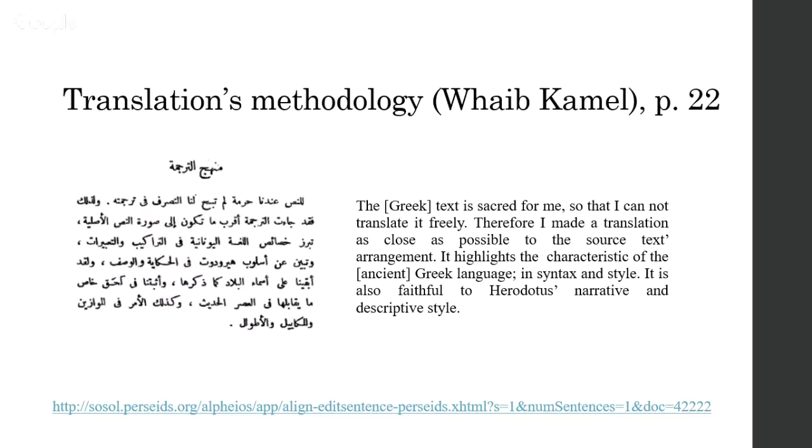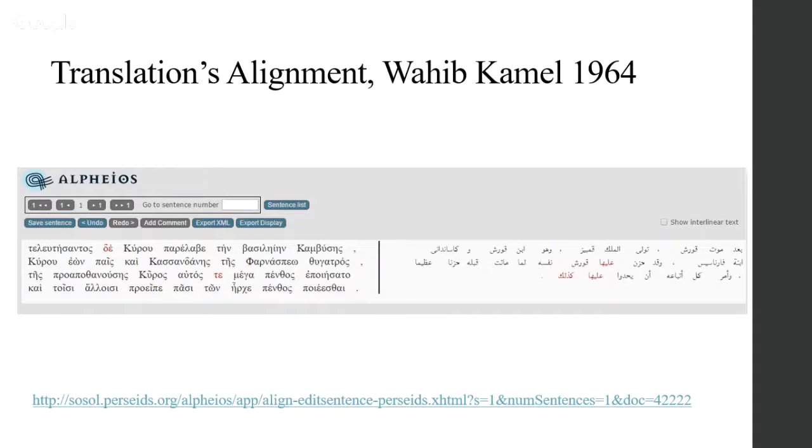I did this translation alignment using the editor, and as you can see, on the left-hand side is the Greek, and on the right-hand side is the Arabic. From the first look, you could see the red words in the Greek, which are not aligned.